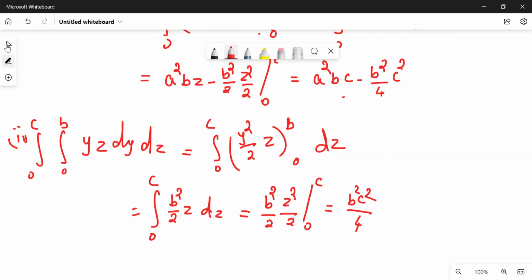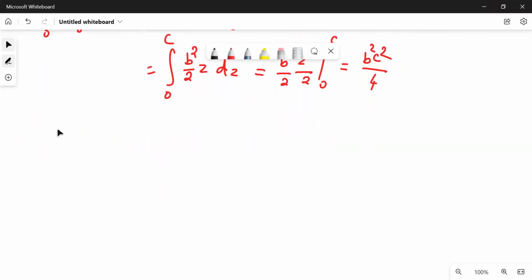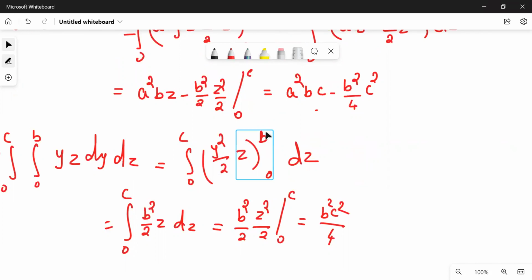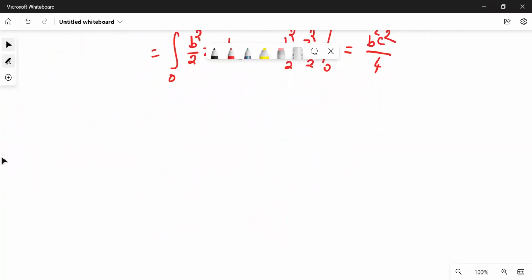Similarly, we can do the remaining surfaces S3, S4, S5, S6, and we'll end up with the similarity. That is, for the first surface, it is a square bc minus b square c square by 4. Similarly, second one, b square c square by 4. Third surface, in the similar way, the answer for S3 will be, dz dx, b square ca minus a square c square by 4.